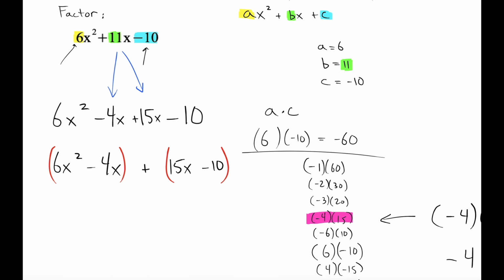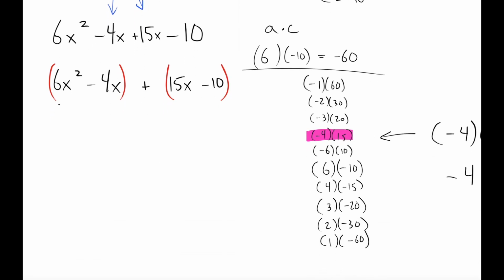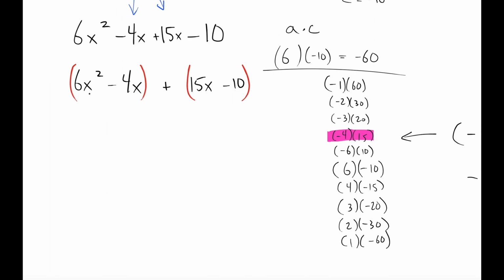And then we want to factor out the greatest common factor of each set. So for these guys, what they share in common is a 2 and an x in their factorizations. So we'd want to pull that 2x out. We could also show that we're going to divide the terms by 2x.